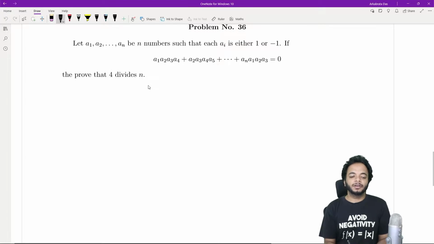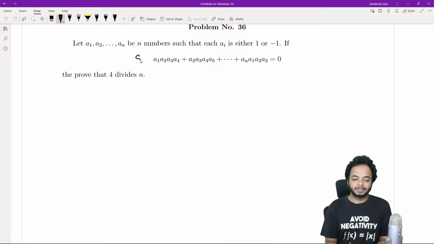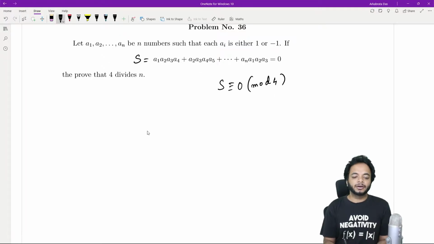First of all, let's say this sum is s, so then we can say that s is congruent to 0 modulo 4. Now suppose one of the ai's is negative.